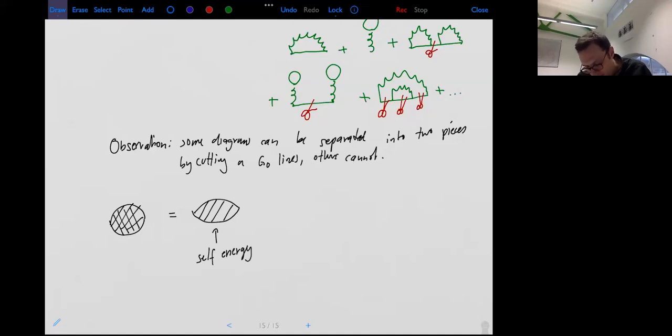This is the self-energy sigma, which has the property that it only connects diagrams which cannot be cut.